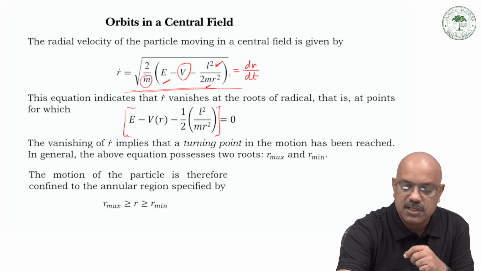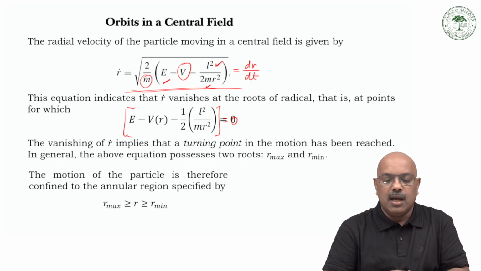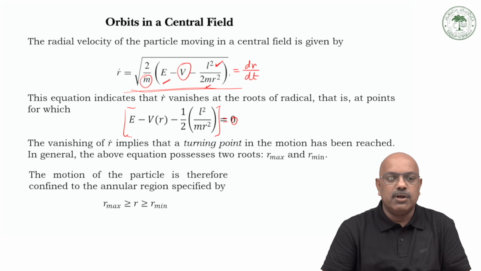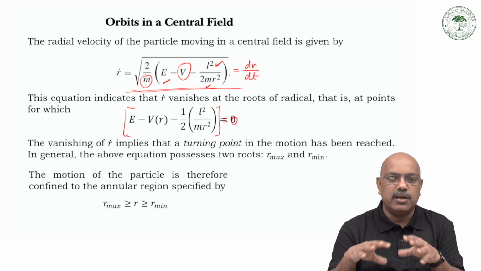So if this factor is 0, that is when r dot equals 0. Whatever the r value at that point, these are going to be the turning points of the motion.